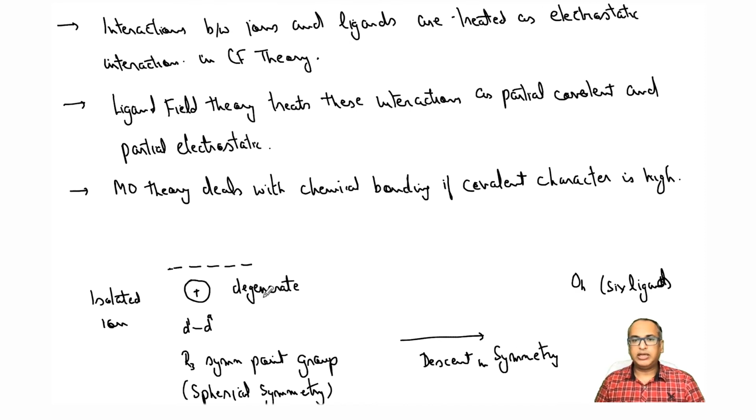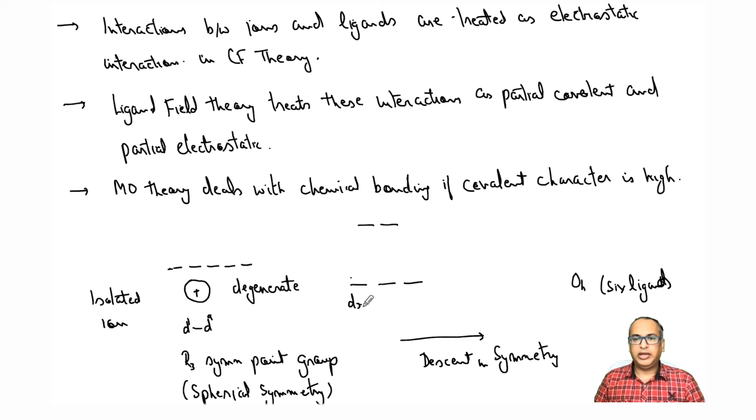And we have learned that when we go for descent in symmetry, there is a possibility that a degenerate set of orbitals may undergo splitting, and then it may not remain degenerate. So what happens, these d orbitals can either form something like this.